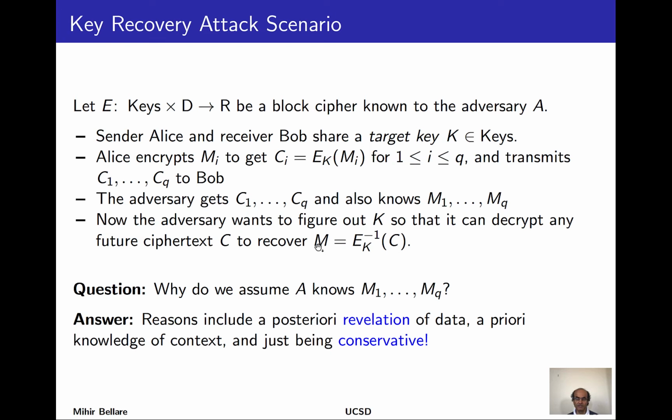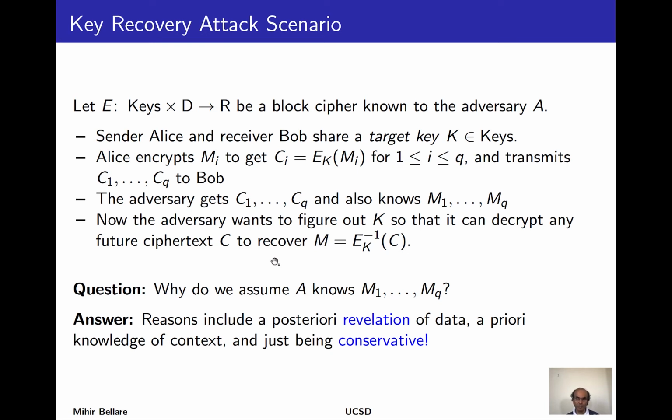Cryptanalysts are particularly concerned about this key recovery security because it's a devastating security vulnerability. An adversary in possession of the key effectively can decrypt everything and you have no security left. So our first target would be to be concerned with its ability to recover the key.